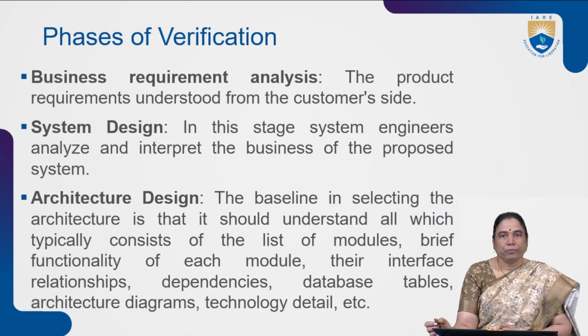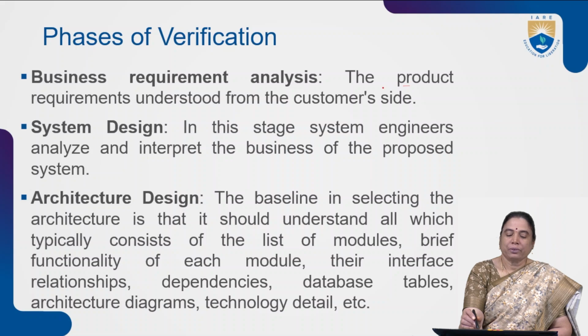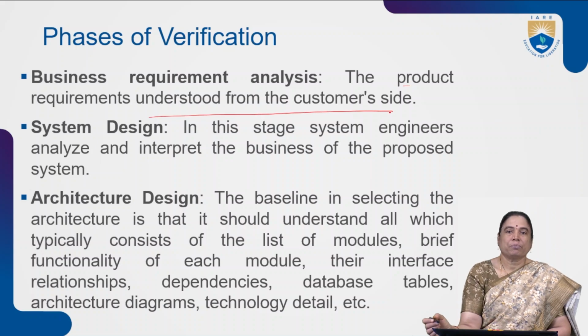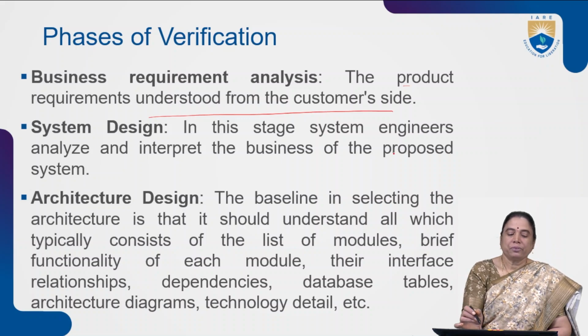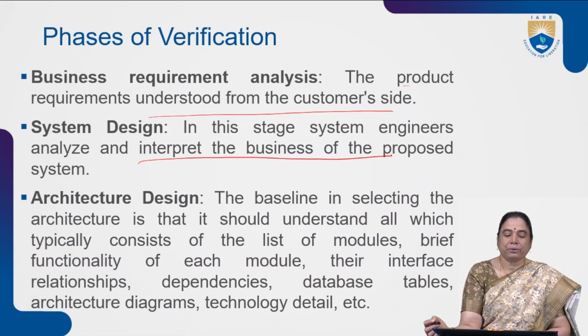So the phases of the verification process are, first, business requirement analysis. The product requirements are understood from the customer's side. The communication activity majorly performs the gathering of the requirements from the customer. Then the system design. In this stage, the system engineer analyzes and interprets the business requirements of the proposed system.